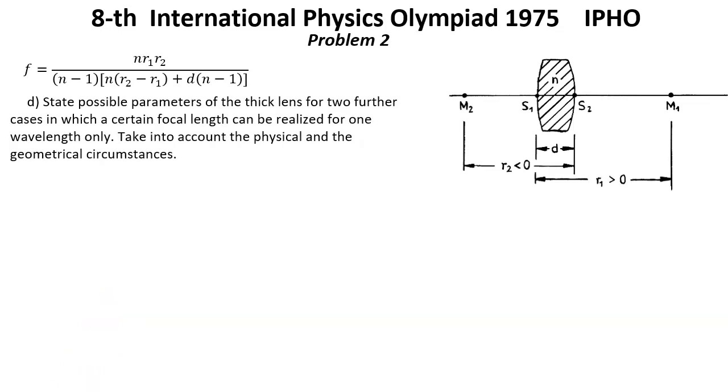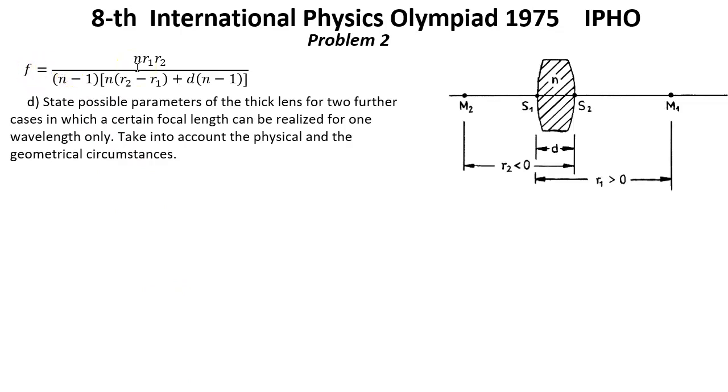Question D. State possible parameters of the thick lens for two further cases in which a certain focal length can be achieved for one wavelength only. Take into account the physical and the geometrical circumstances. Solution for question D. Again, we can use the equation for focal length.